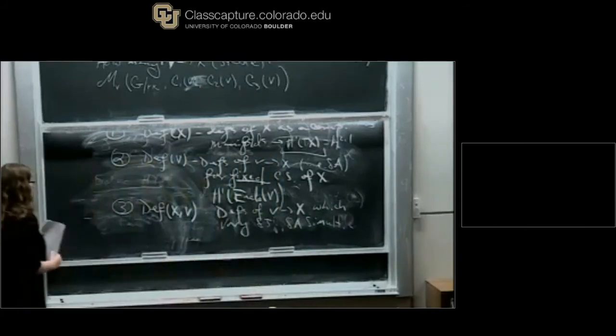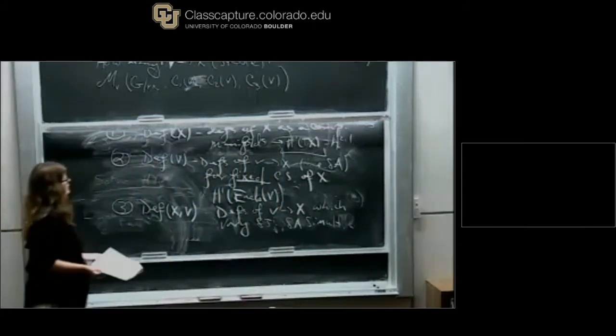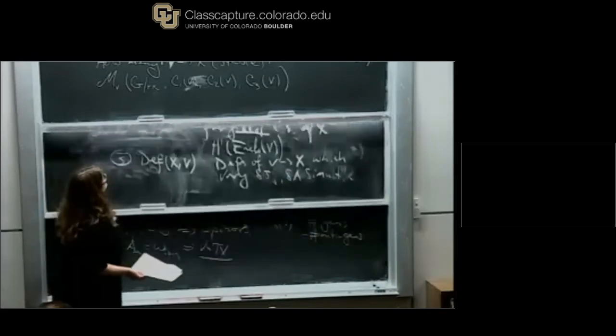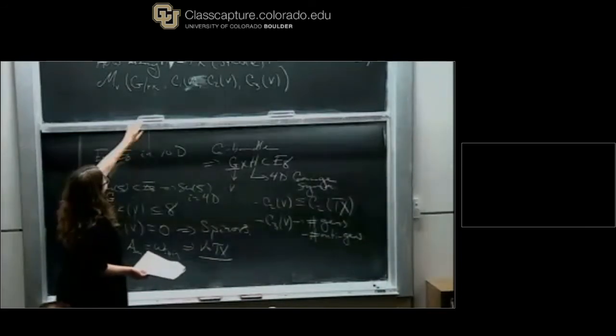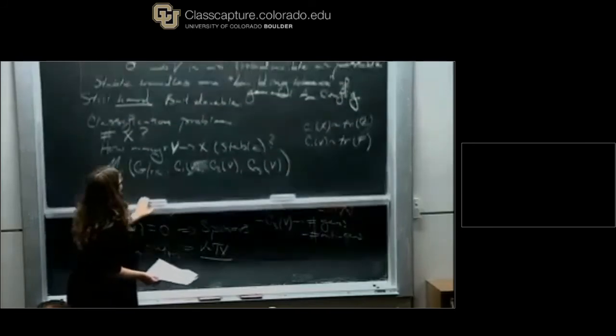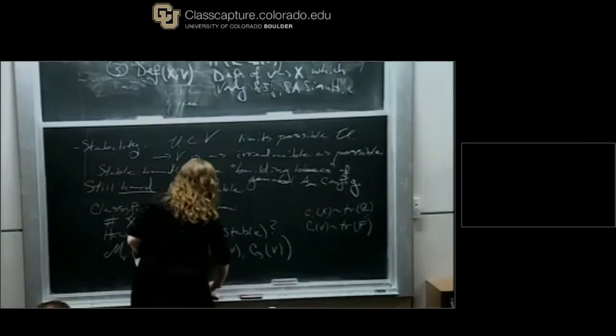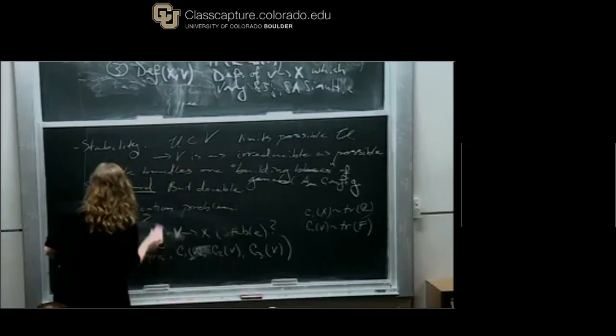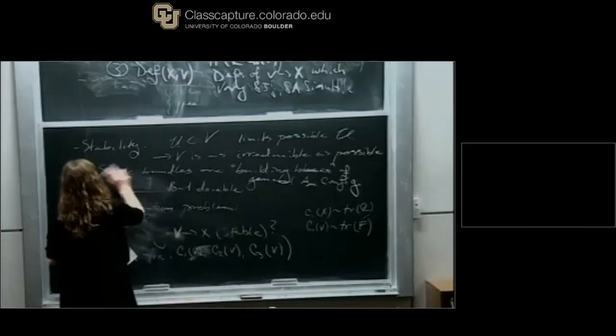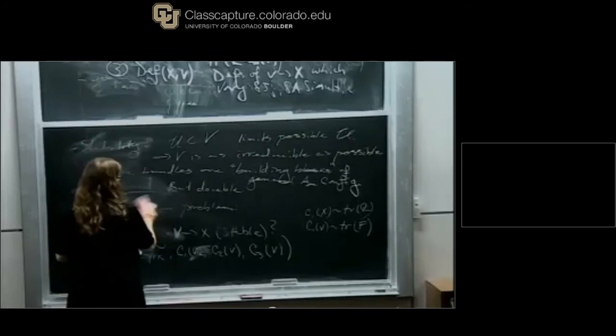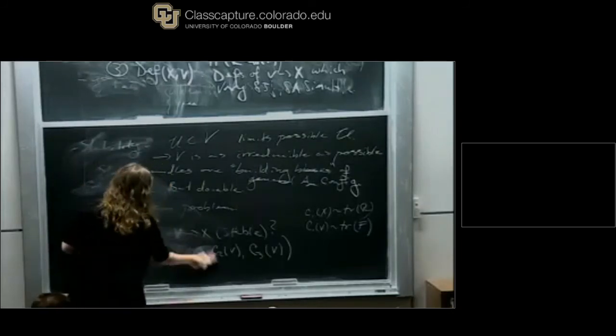And this has a nice geometric interpretation as well. So what are you actually changing geometrically in this picture? Remember that complex structure is just wiggling the shape of the complex manifold.